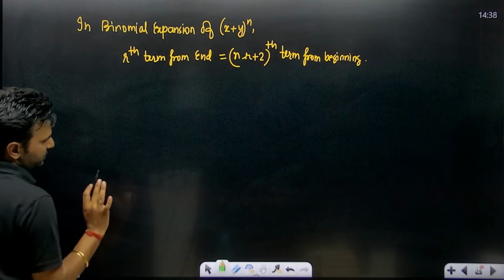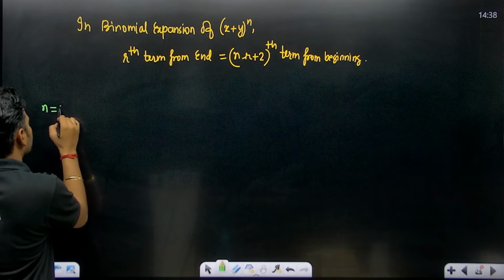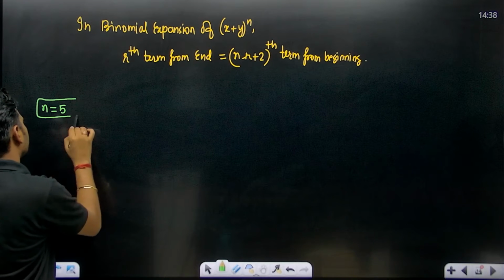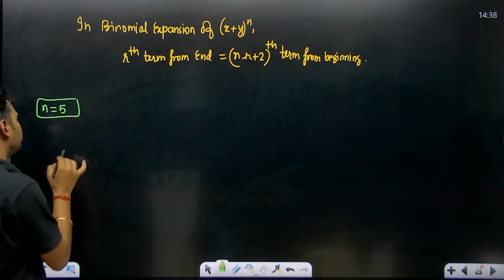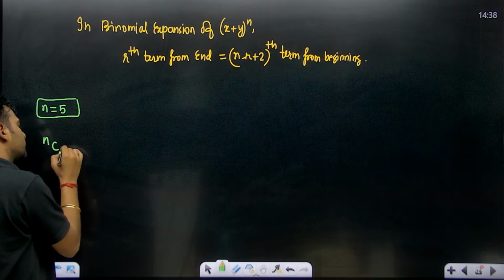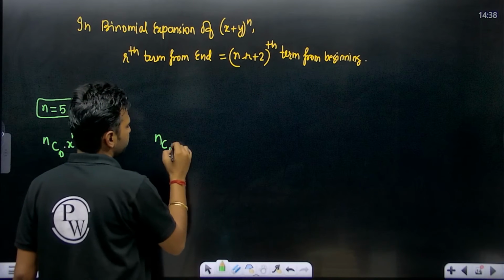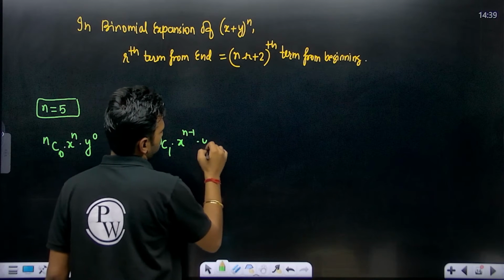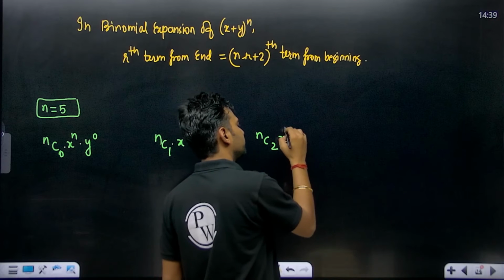Let's say that the value of n is equal to 5. If the value of n is equal to 5, then there will be how many terms, beta? There will be 6 terms, n plus 1. So first term will be this. This will be the second term. This will be the third term.